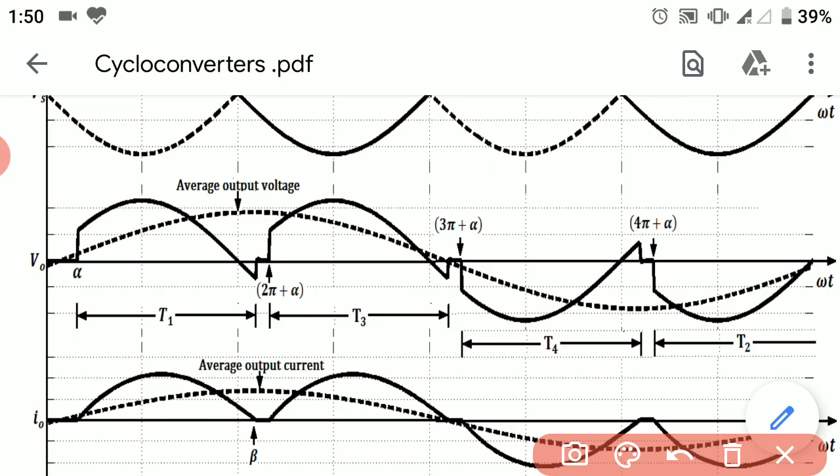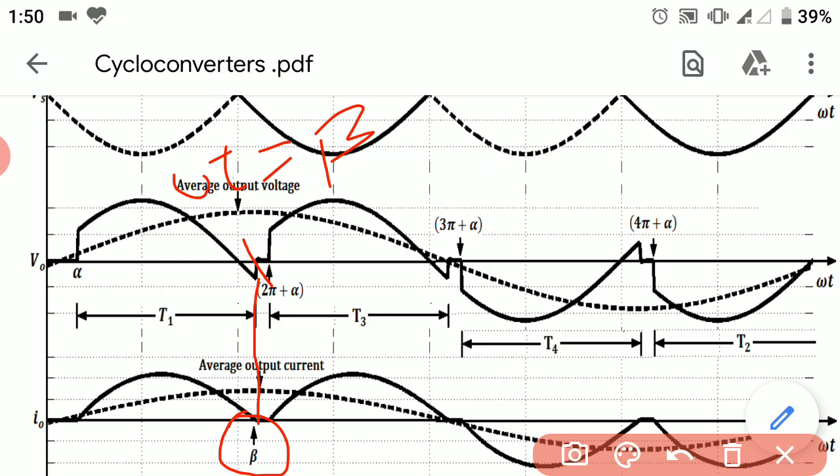As you can see, this is a small negative peak in the output voltage waveform. This small negative peak indicates that the thyristor T1 is not turned off yet due to the reverse bias which we have applied. Now this thyristor actually turns off at omega t equals beta angle. This is the beta angle.